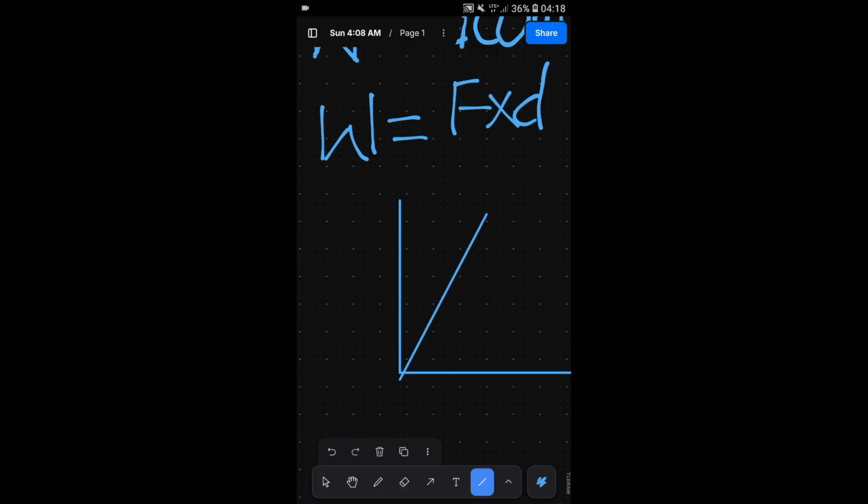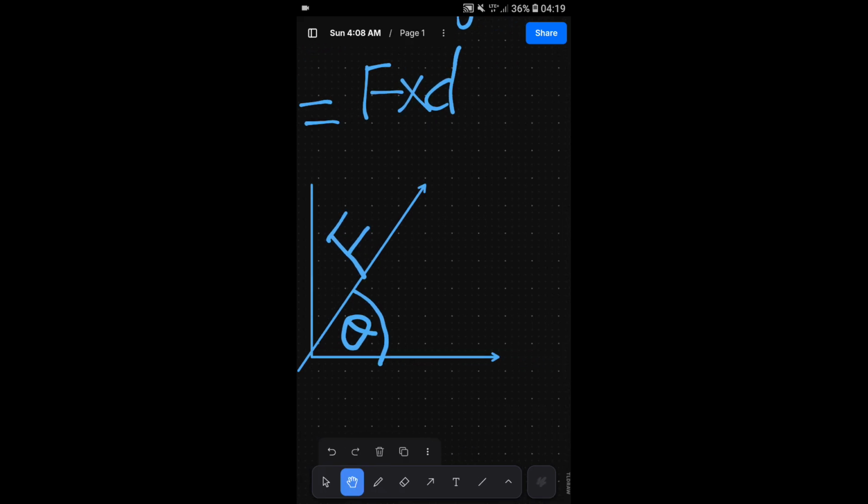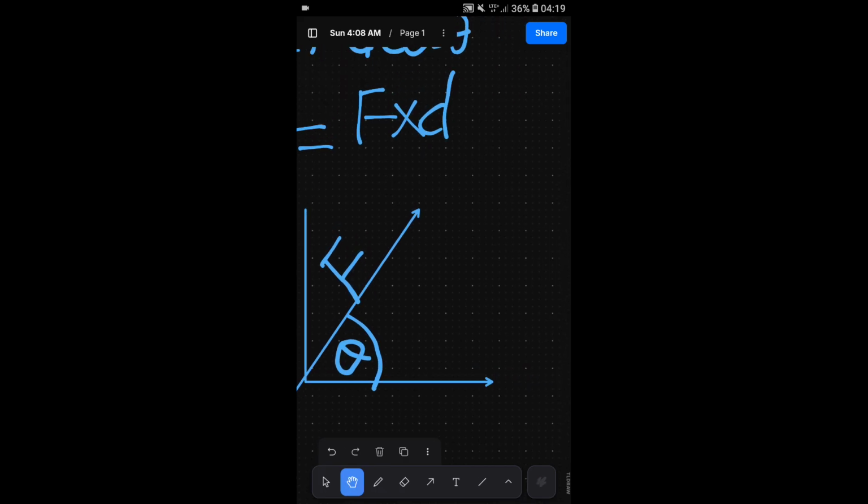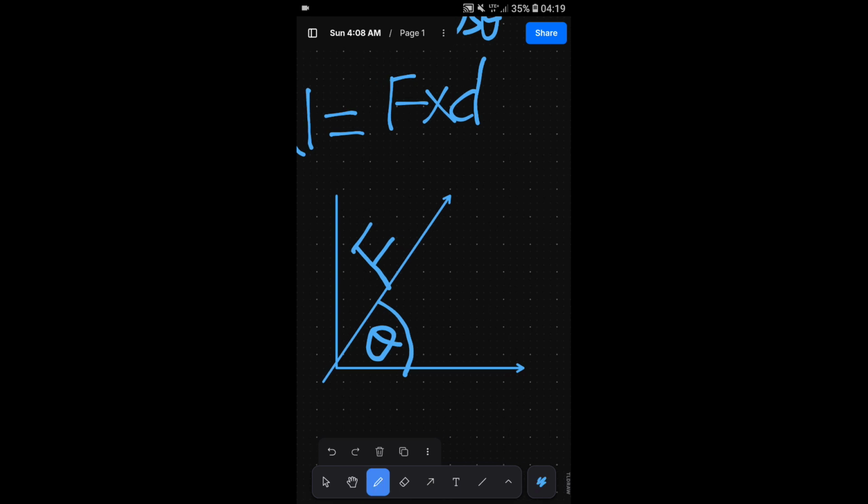Now let's say this is the force. At this point we can replace it by an arrow. Now we'll name the force F, and here our theta. So theta is the angle this force makes with the horizontal.